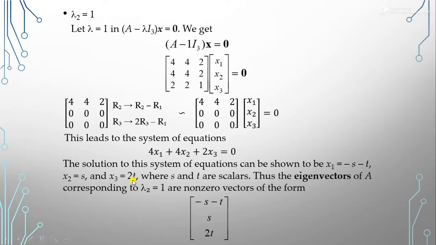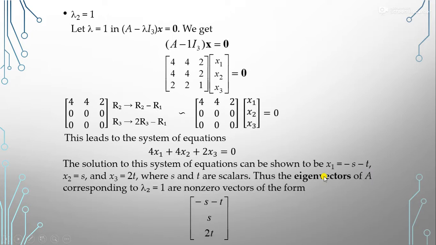If we take scalar quantities t and s, and assume that x3 is 2t and x2 is s, then we can solve for x1, that is minus s minus t. If you put x3 equal to 2t, it becomes 4t. So when x2 is s, x1 is minus s minus t.